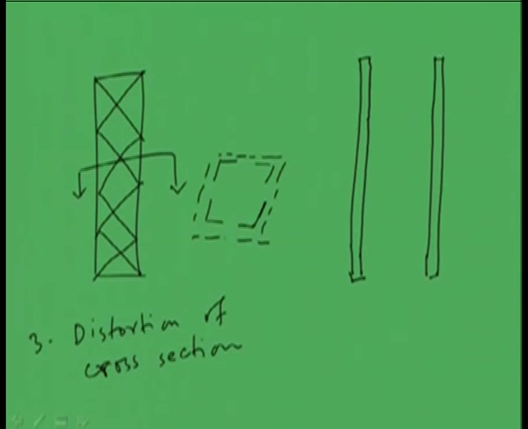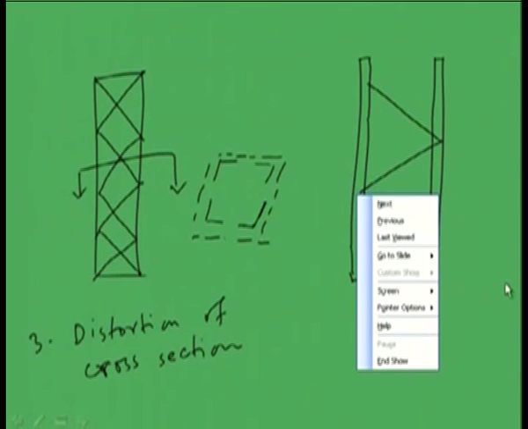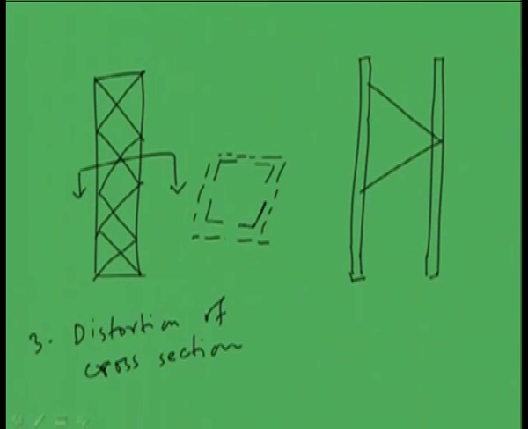So, maybe the main component is strong enough to take the load, but the lacing system has not been made in a proper way, so that it fails. Say it looks something like this.